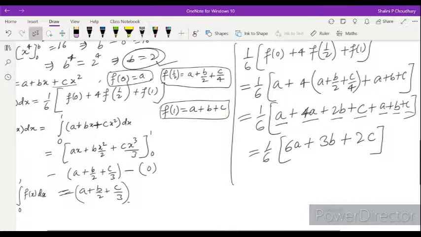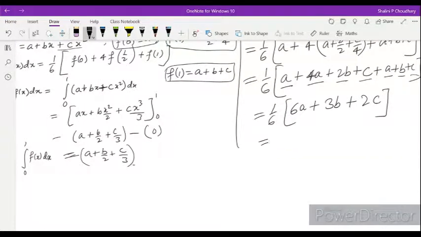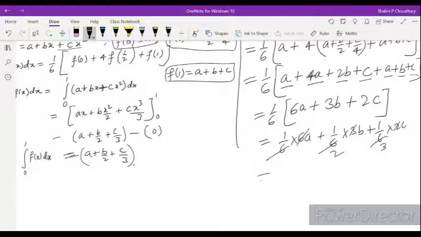So it will be 1 upon 6 into 6a plus 1 upon 6 into 3b plus 1 upon 6 into 2c. It will cancel, we get 2 here and we get 3 here. So what value are we getting?